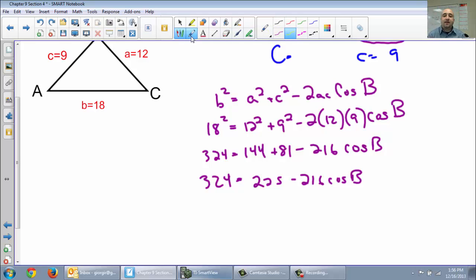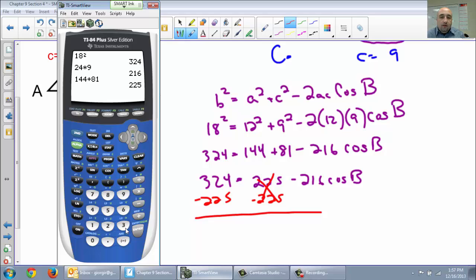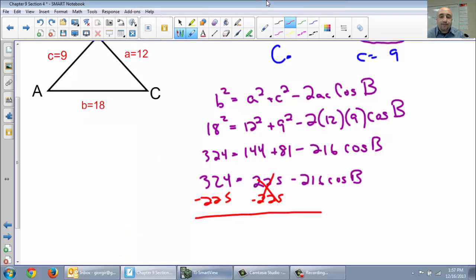You're first going to subtract 225 from both sides. So 324 take away 225 equals 99. So I get 99 here.